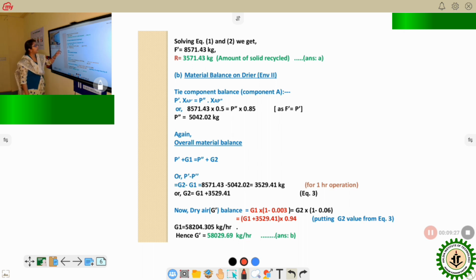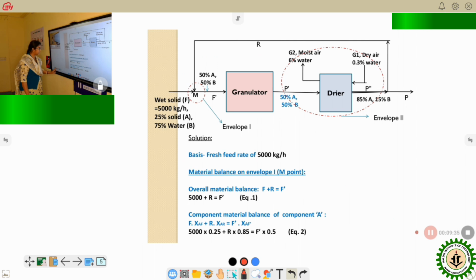For component A we get P dash into XA P dash equals P double dash into XA P double dash. P dash into the weight fraction of A, 0.5, equals P double dash into 0.85. That is the solid component A balance over this dryer.